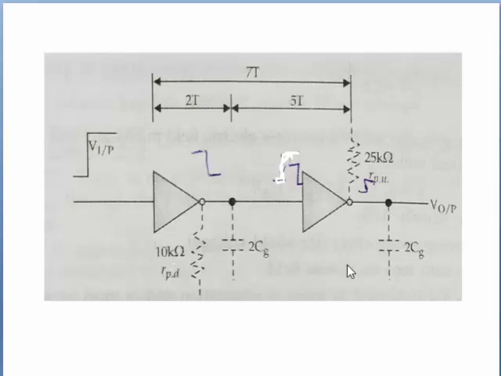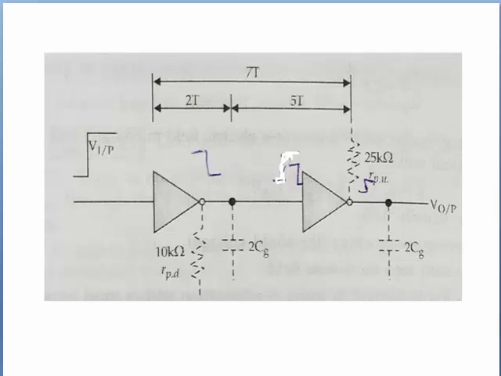But it must be noted that the gate input capacitance of the PMOS is also increased by the same factor, because in CMOS, the PMOS transistor acts as a pull-up network and the NMOS transistor acts as a pull-down transistor.